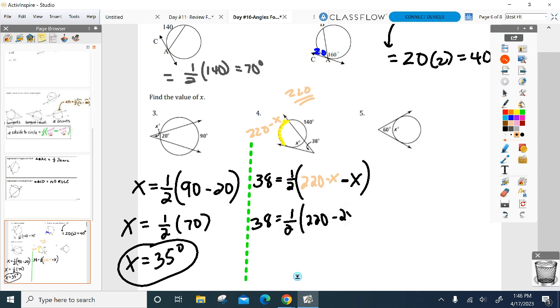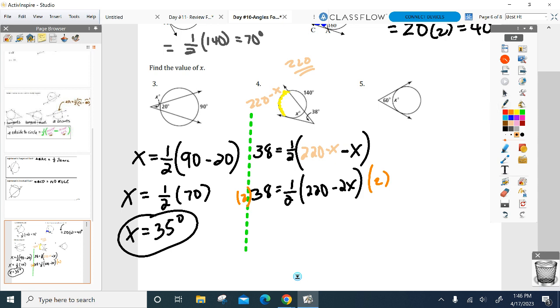220 minus 2x. You guys that weren't here on Friday, I do not like to distribute the 1/2. You can, I don't like doing that. Instead, I like to get rid of the 1/2 right away by multiplying both sides by 2. And be careful, again, when you multiply the right side by 2, that just eliminates the 2 and the 1/2. You do not touch anything inside the parentheses. 76 equals 220 minus 2x.